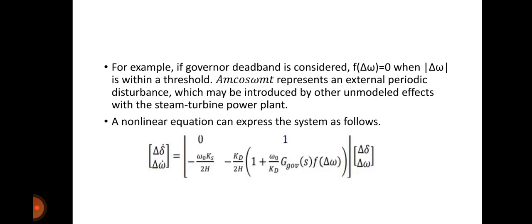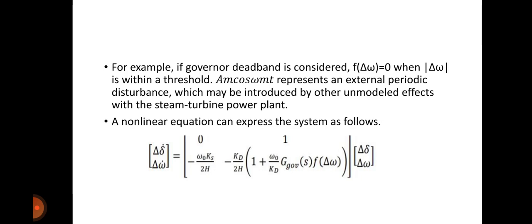For example, if governor deadband is considered, F(delta omega) is equal to 0 when delta omega is within a threshold. Am cos omega mt represents an external periodic disturbance which may be introduced by other unmodeled effects within the steam turbine power plant.